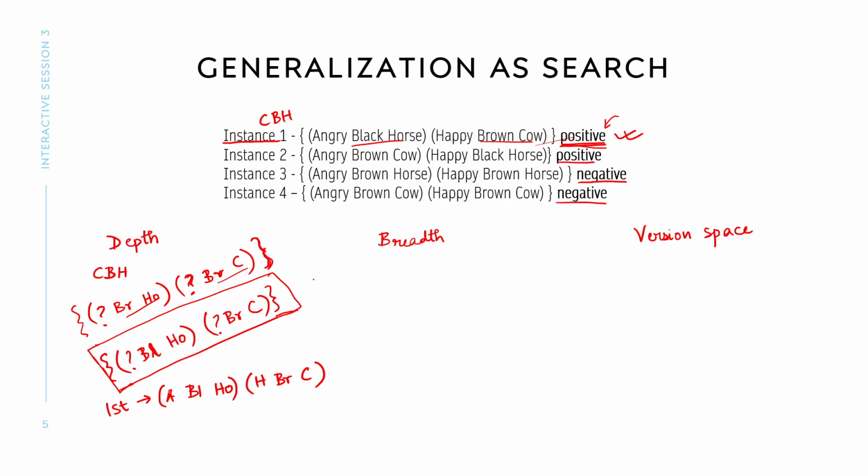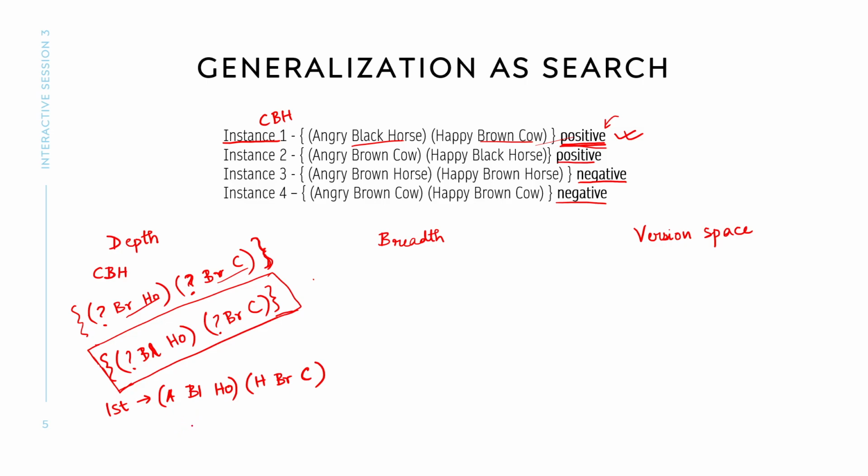So I have to make my current best hypothesis more general now. How I can do it is, I will start adding wildcards here.